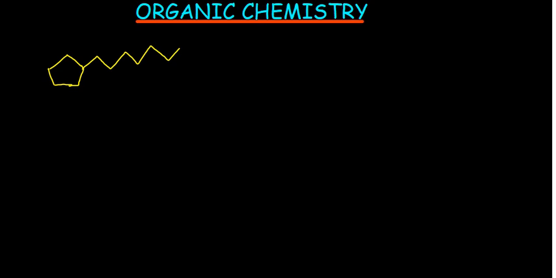So here is our chain, and we've got an O there, we've got a double bond here, we've got an amine here, and then we have got an OH here.